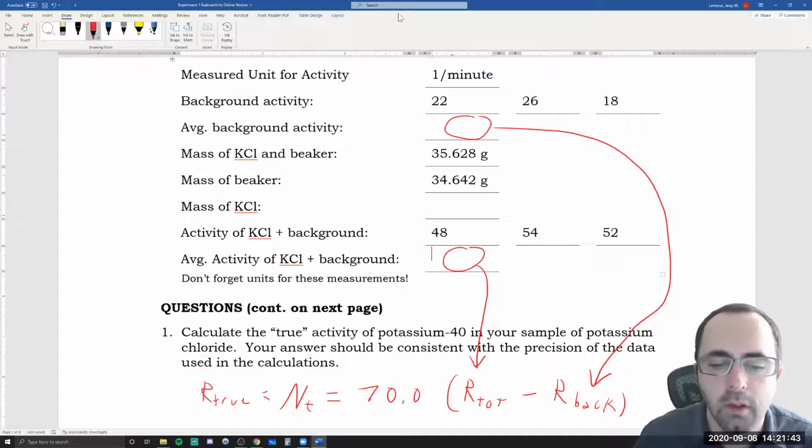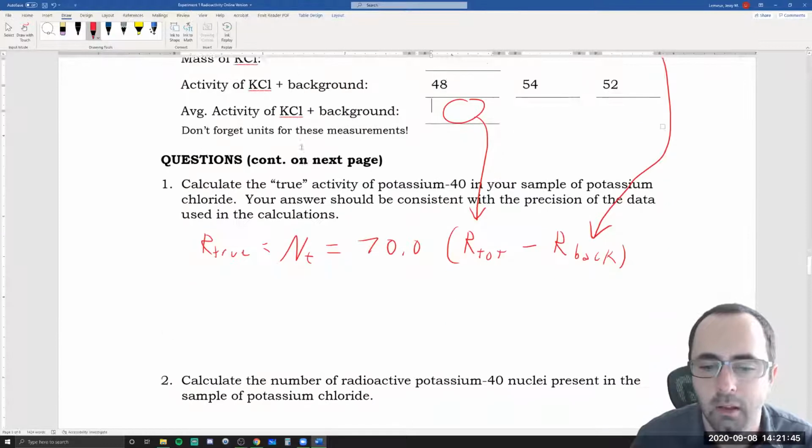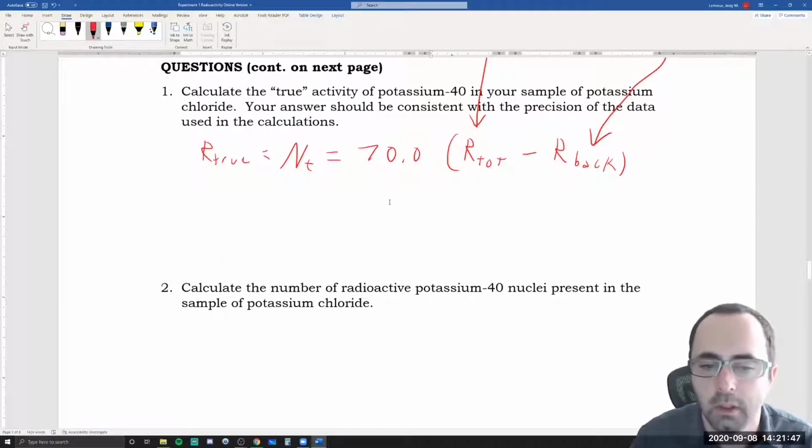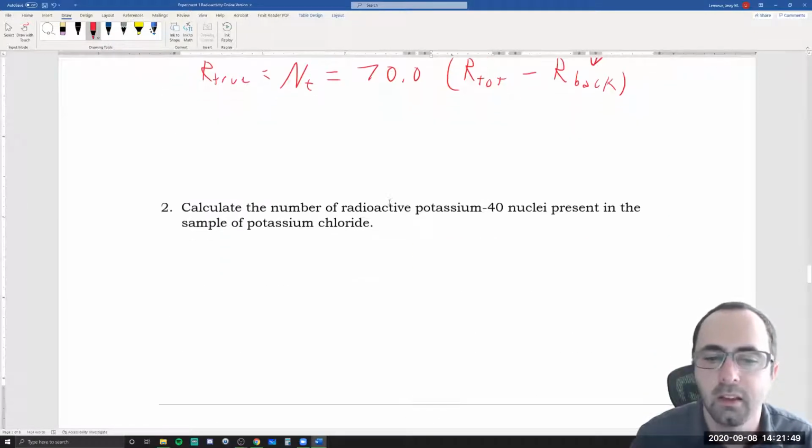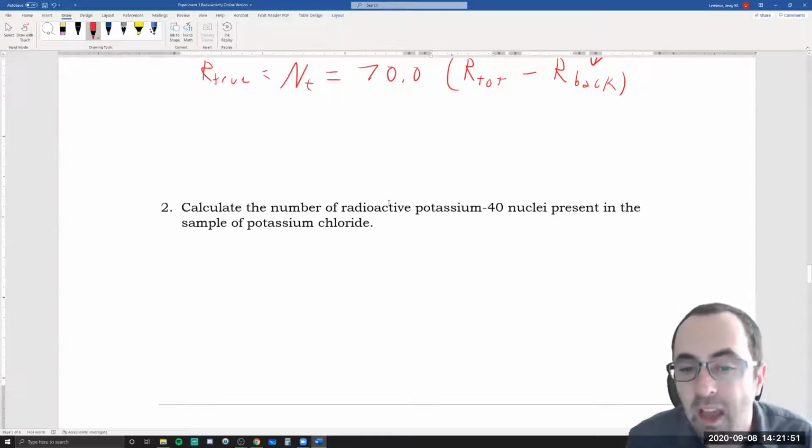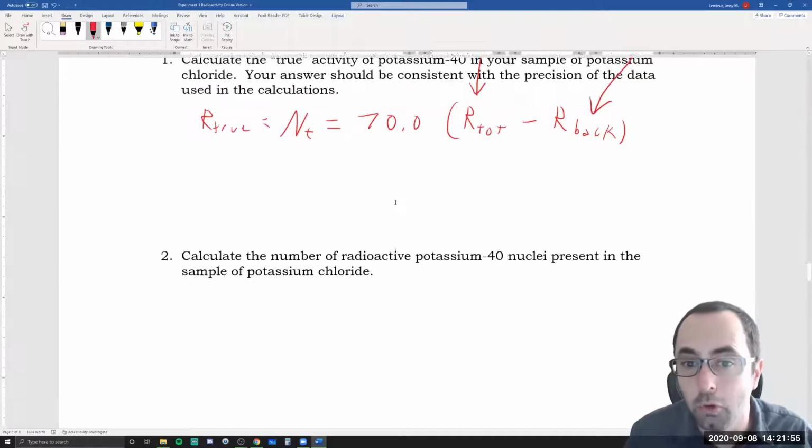And so that will give us our true activity, or what's the NT here. And then it says a kind of separate problem is calculate the number of radioactive potassium-40 nuclei in the sample.